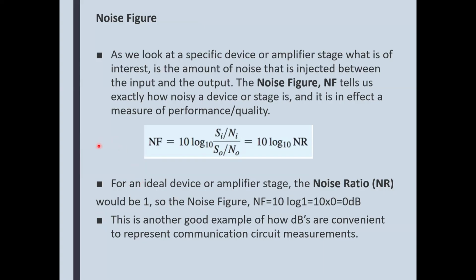Because the same amount of noise that is present on the input divided by the same amount of noise that is on the output, if the amplifier did not introduce anything, so what got in passed through without adding more, then of course we're going to have a number 1 if you divide one by the other. Noise figure equals 10 log 1, which would be 0 dB.